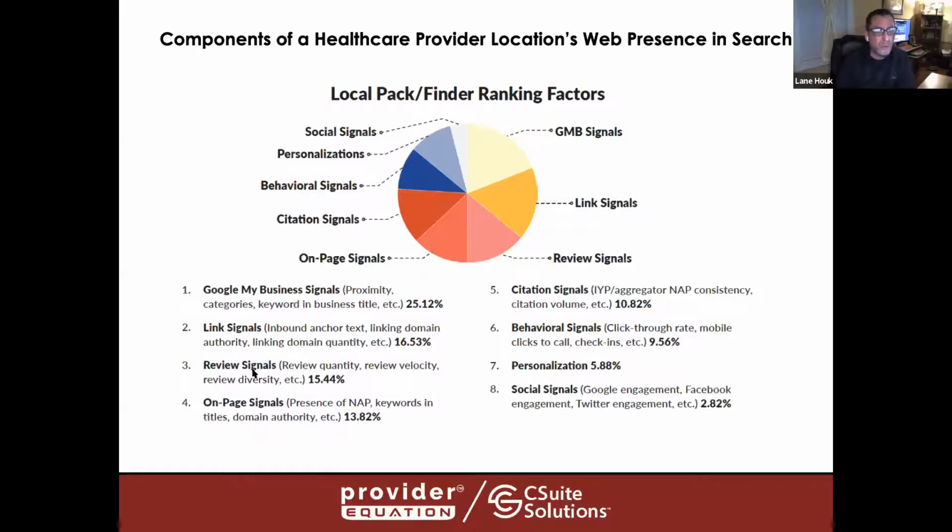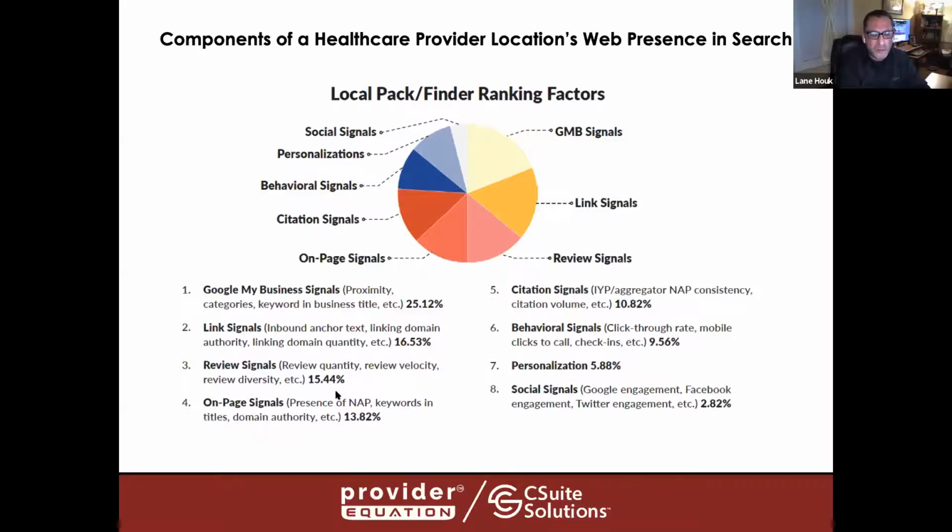Googlebot is looking for reviews. Why? Because reviews are also very important to human beings. I'm sure most, if not all of you in the room tonight or today use reviews in just your normal course of life and business, whether you're looking for reviews for a healthcare provider or a restaurant or a hotel you're looking at visiting or an attraction, whatever it may be.